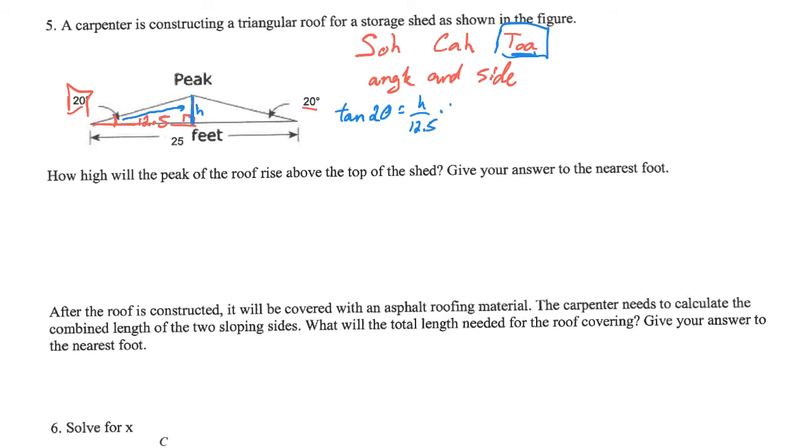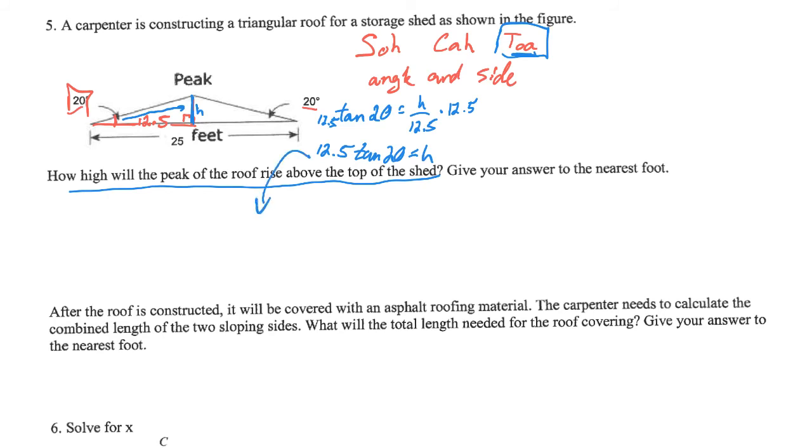Then you solve that for h, just multiply the 12.5 on both sides. So you just put that in your calculator, 12.5 times the tangent of 20, and you've got your h. So that's answering this first question, how high will the peak rise above the roof of the shed?